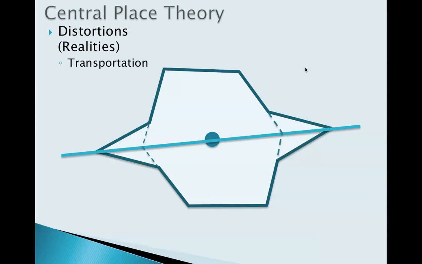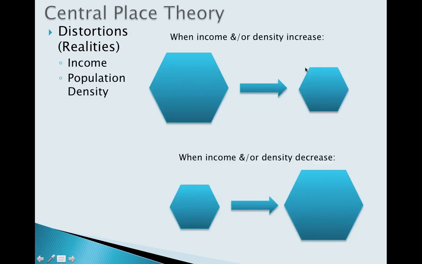All right, here's a second way that distortions or realities happen. Income and population density work very similarly. So at the top, you see a pair of hexagons, one larger than the other, and you see a big bold arrow going from the large one to the small one. This is what happens when income or density increase over time.